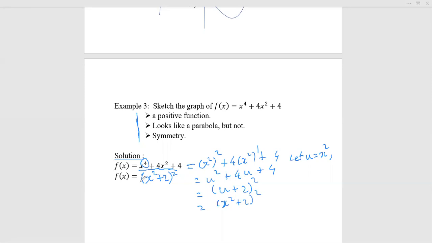We learned quadratic functions are parabolas, but this is a fourth degree polynomial, x to the power 4. It is not a parabola, but since it is a quadratic function of x squared, it looks like a parabola, but it is not a parabola or parabolic shape.